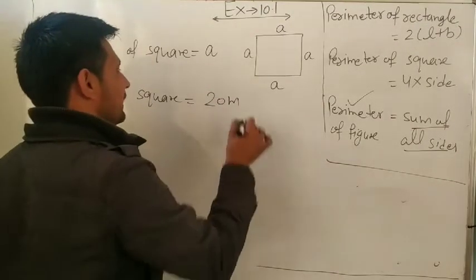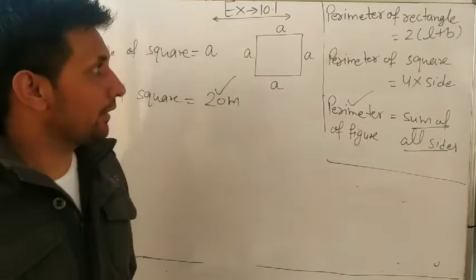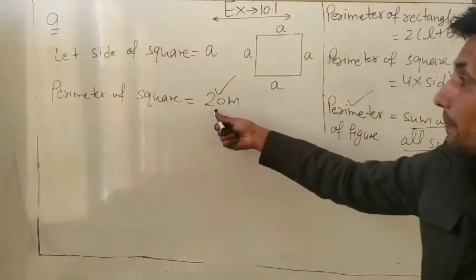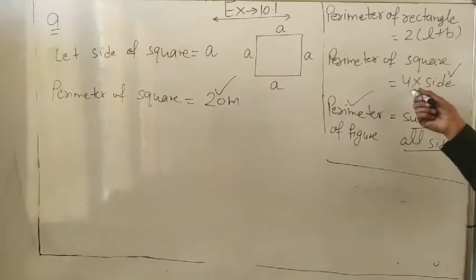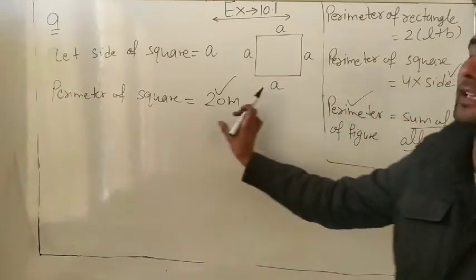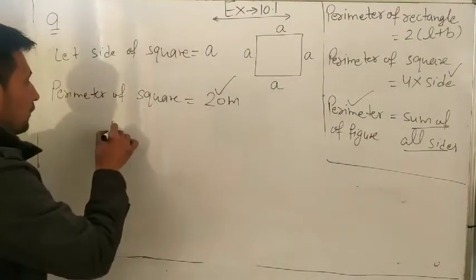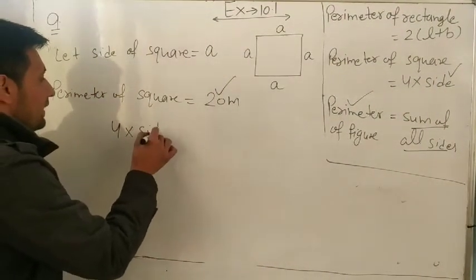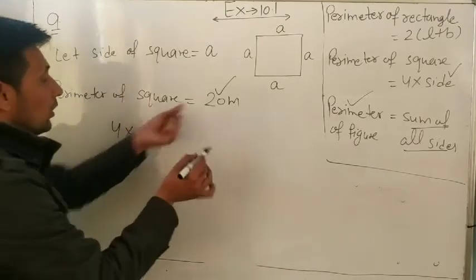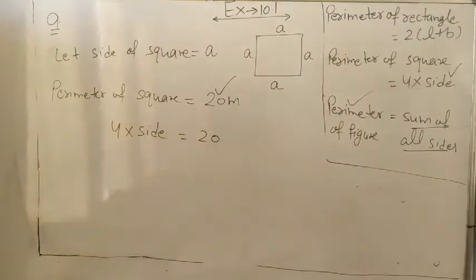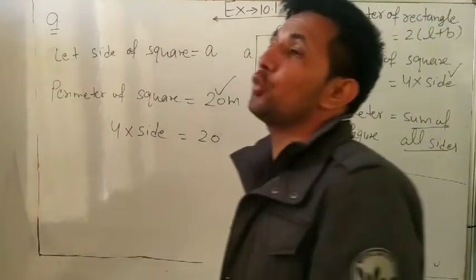And tell me one thing, it is also the perimeter formula. It is also the perimeter of the square. It means both are equal. So what is the perimeter of a square? 4 into side, and perimeter equals 20. Very simple things. Understand? Next, tell me what you want to find. We want to find the side.